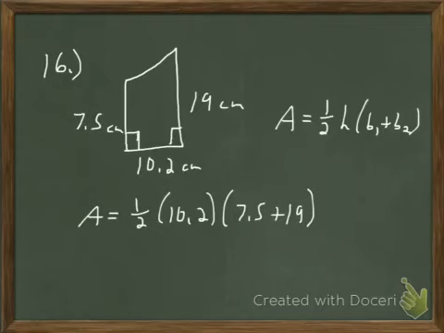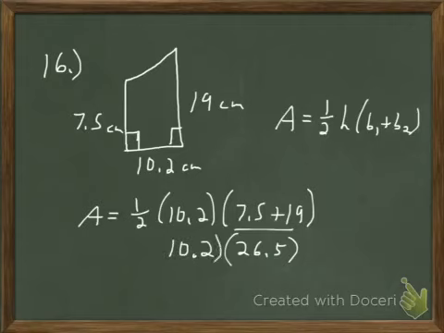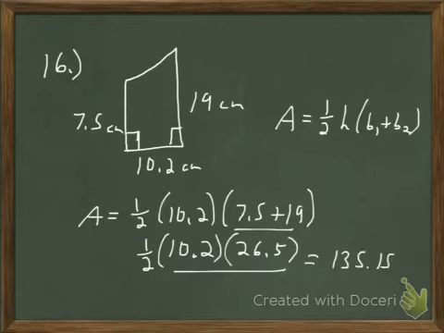I add my two bases, 7.5 plus 19, to give me 26.5. Okay, and I'm going to just go ahead and do all this and put the answer. I'm going to do 10.2 times 26.5 first. That gives me 270.3, and then divide by 2, and I get 135.15. And this was centimeters squared.